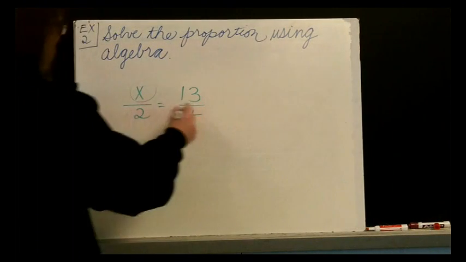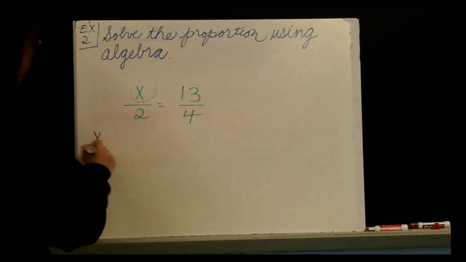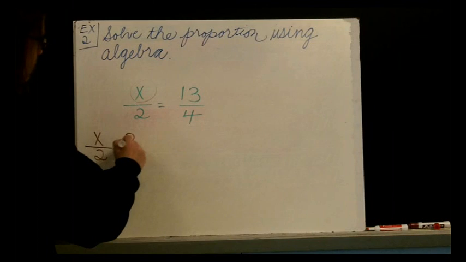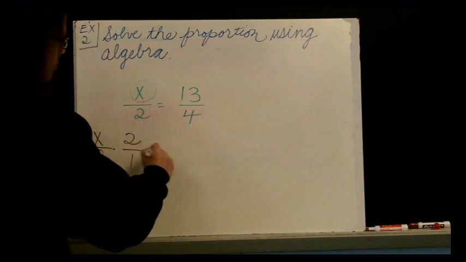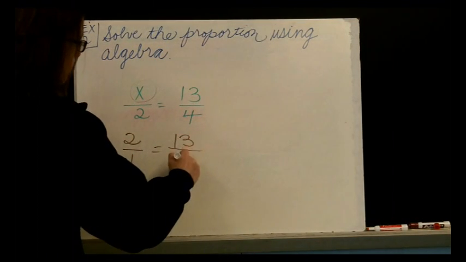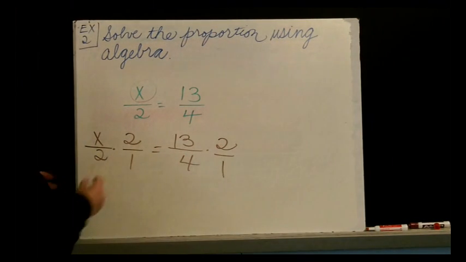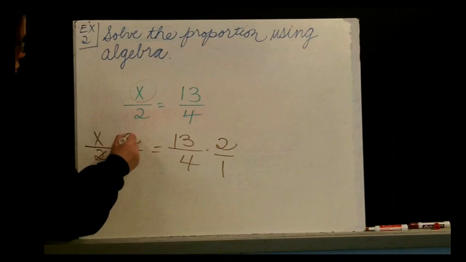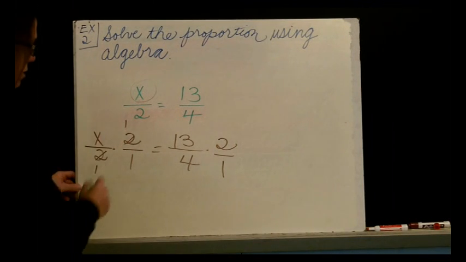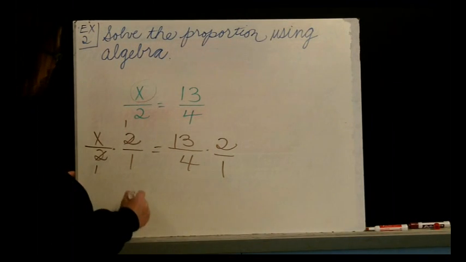And because we are working with fractions, I'm going to express my 2 as a fraction by putting it over 1. So what do we have here? Here, these 2's cross-cancel, and we end up with 1x.